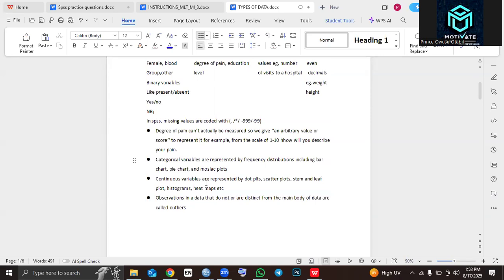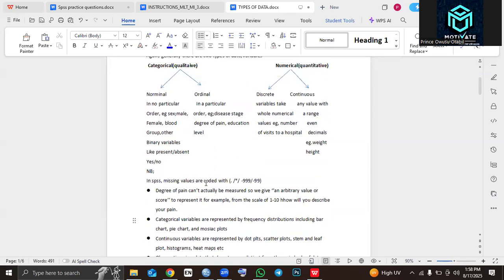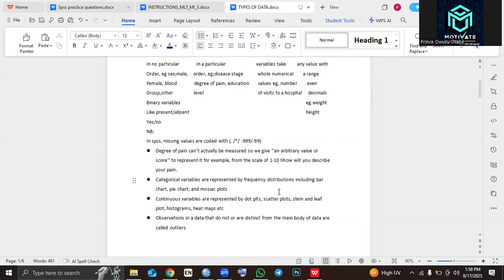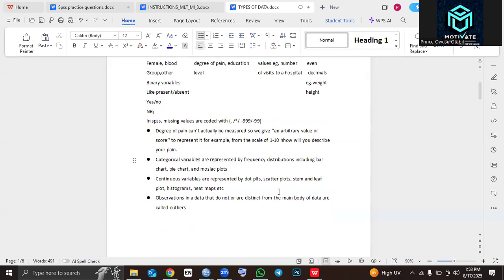For continuous variables, for example, weight, height, age, number of visits to a hospital, all these continuous variables are represented in SPSS with dot plot, scatter plot, stem and leaf plot, histogram, heat maps, and so on and so forth.